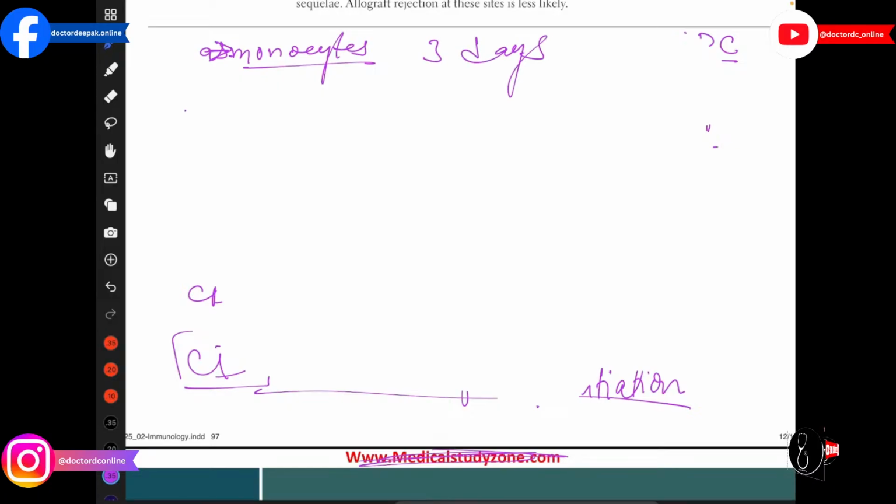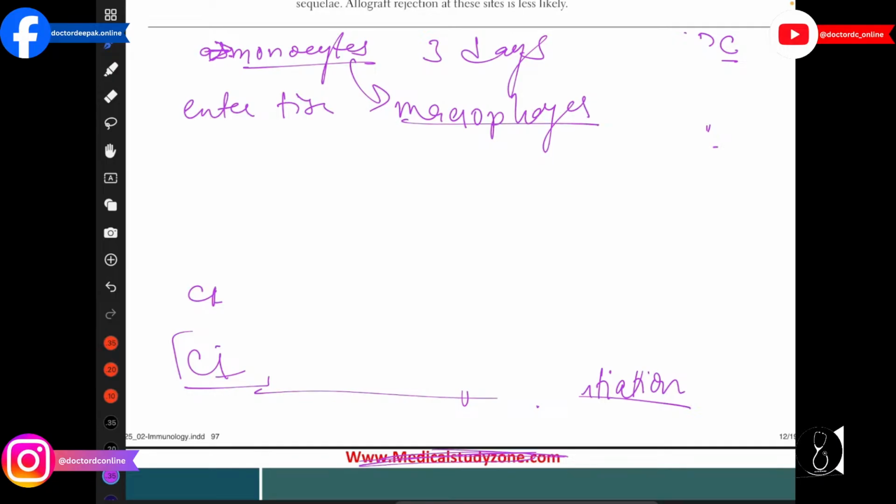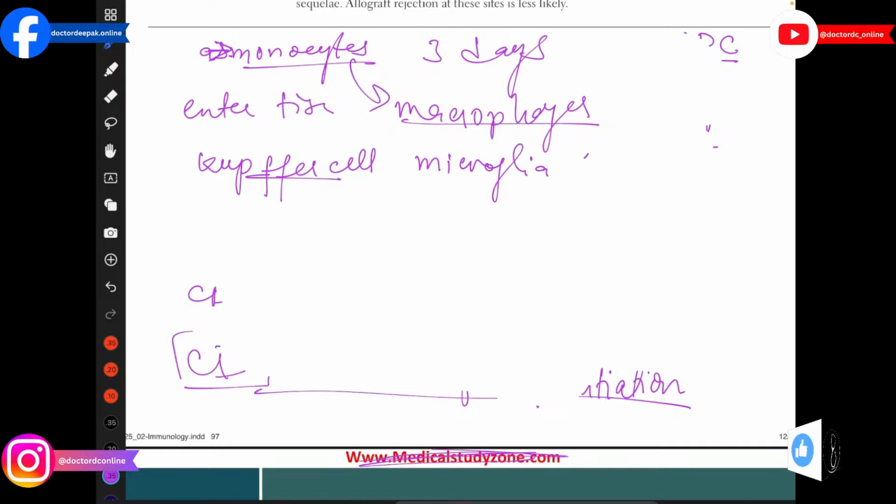When they enter tissue, these monocytes become macrophages. According to the site, they are given names: Kupffer cells present in the liver, microglia present in the CNS, and osteoclasts present in bone.